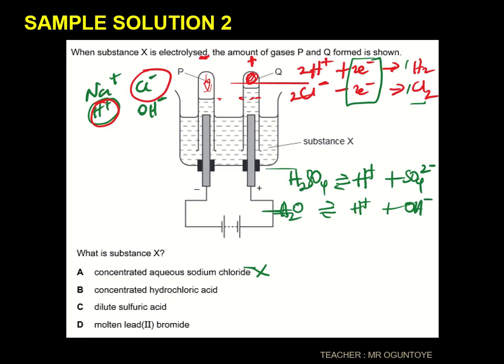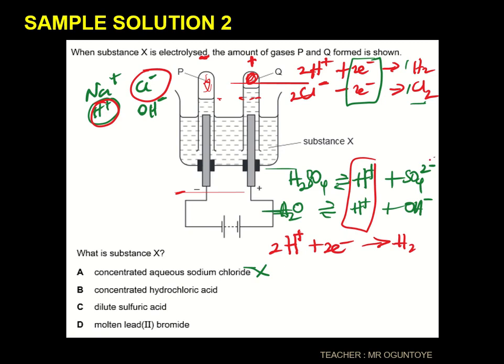So essentially we have hydrogen as the only cation migrating towards the negative electrode, which will eventually form P. Hydrogen ions, 2 of them, will gain 2 moles of electrons to form H2.